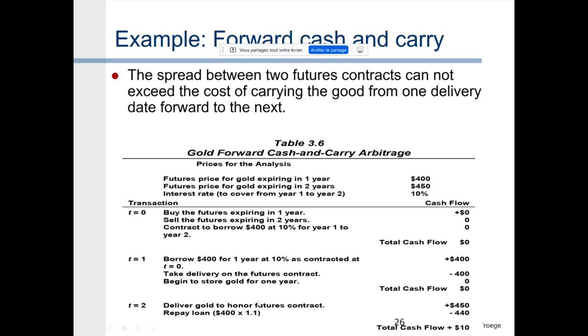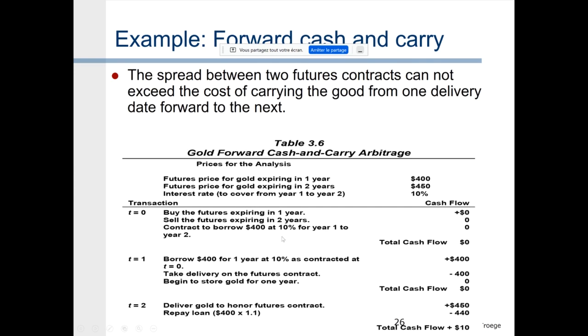And then I just wait and see what happens, and I let my contracts roll out. So in 1 year, what will happen? I will have to buy 1 ounce of gold, but I already know at what price I will go. I will buy it at 400, and I can buy it with the money that I have borrowed, also at date 0, at this interest rate of 10%.